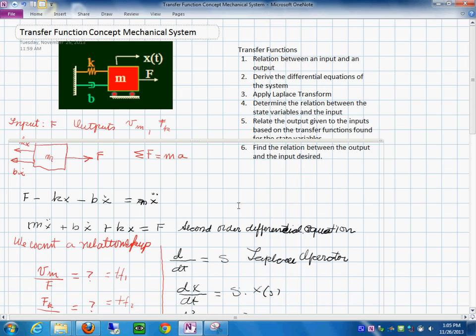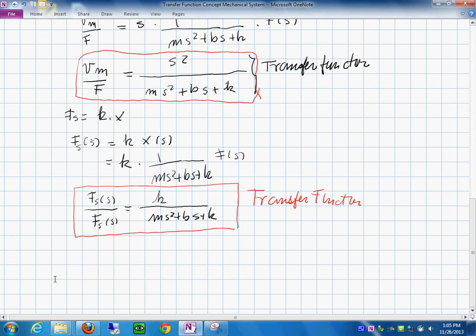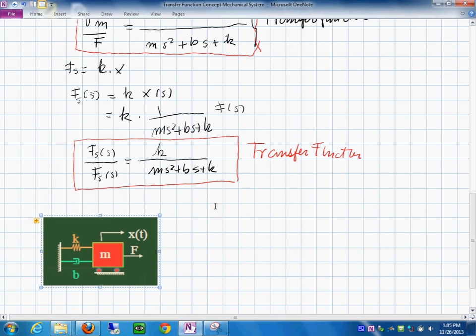In order to do that, I am going to copy this perhaps, and I'll start over here and build the bond graph model first. How do we do that? We put the one junction for the velocity x dot. We attach the source of effort on the side with value f.